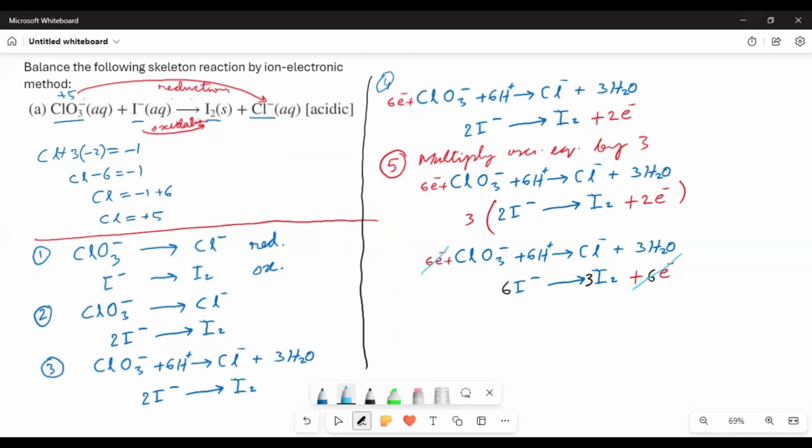So finally, we will add these equations together. This is the sixth step.